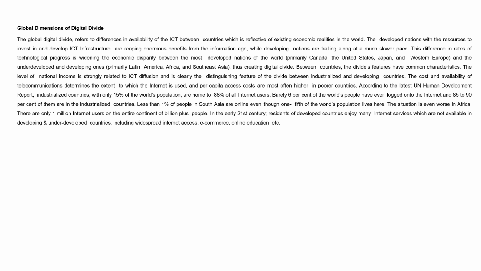The situation is even worse in Africa. There are only 1 billion internet users on the entire continent of billion plus people. In the early 21st century, residents of developed countries enjoyed many internet services which are not available in developing and underdeveloped countries, including widespread internet access, e-commerce, online education, etc.